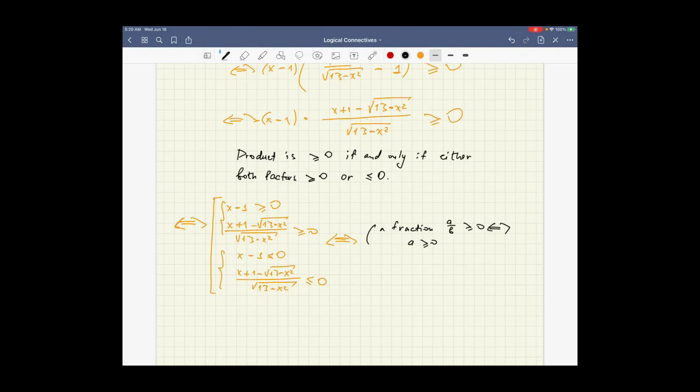Either the numerator is non-negative, but then the denominator is strictly positive, or the numerator is less or equal than 0, but then the denominator is strictly less than 0. So we're going to use this fact in our situation.